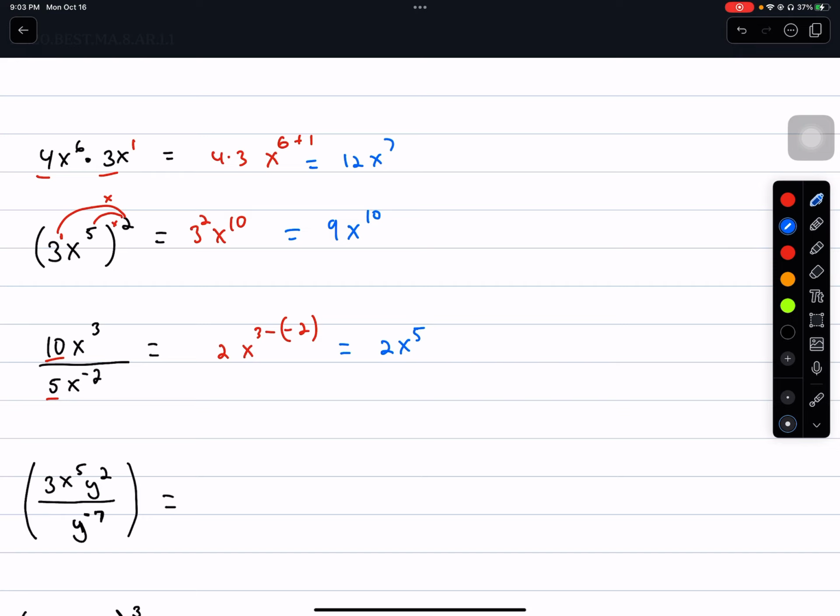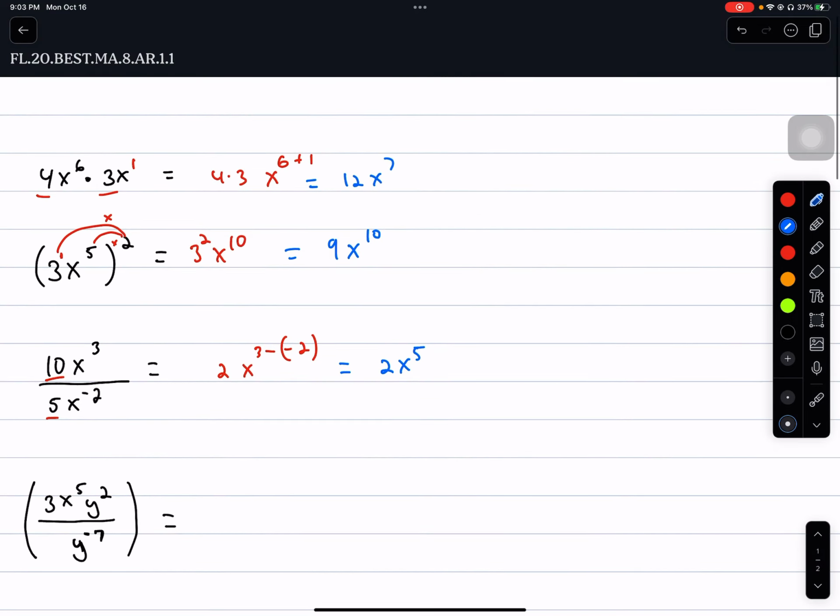Now let's continue. All right, first thing I want to look, so here I can see I have y to the 2nd and then y to the 7th in the bottom. This x, there's nothing to match it up with, and this 3, there's nothing to match it up, so I'm going to leave them. So I'm going to put 3x to the 5th. However, now I have y to the 2nd, again, minus -7.